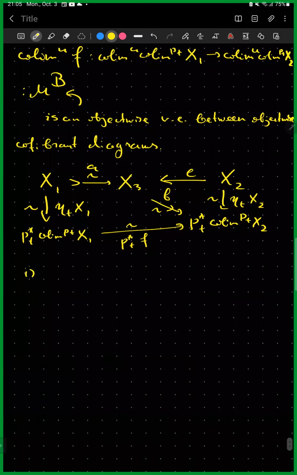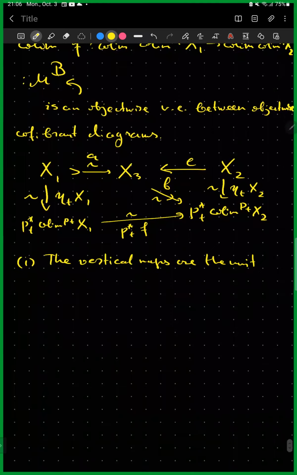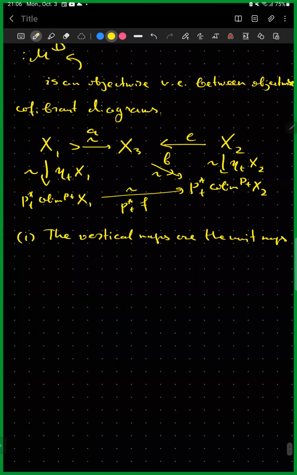So the vertical maps, as I said, are the unit maps, so the unit of the adjunction between the induced diagram functor and the limit.